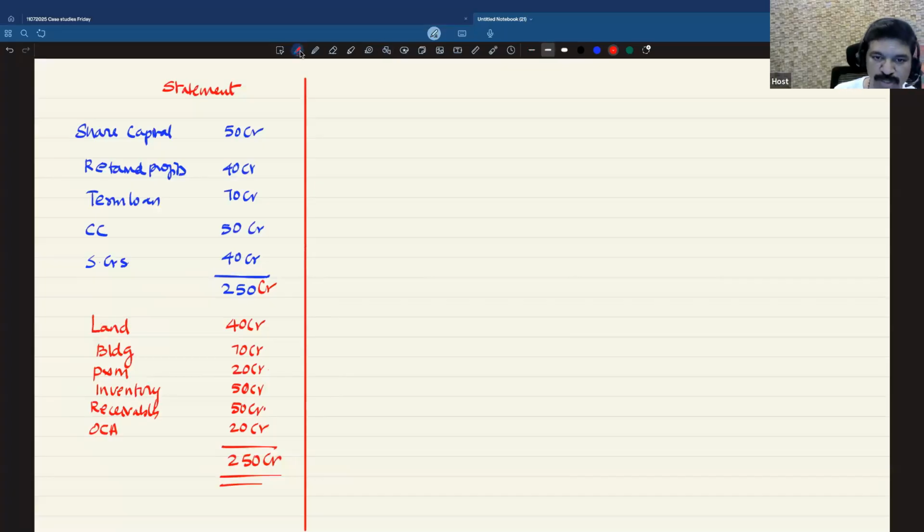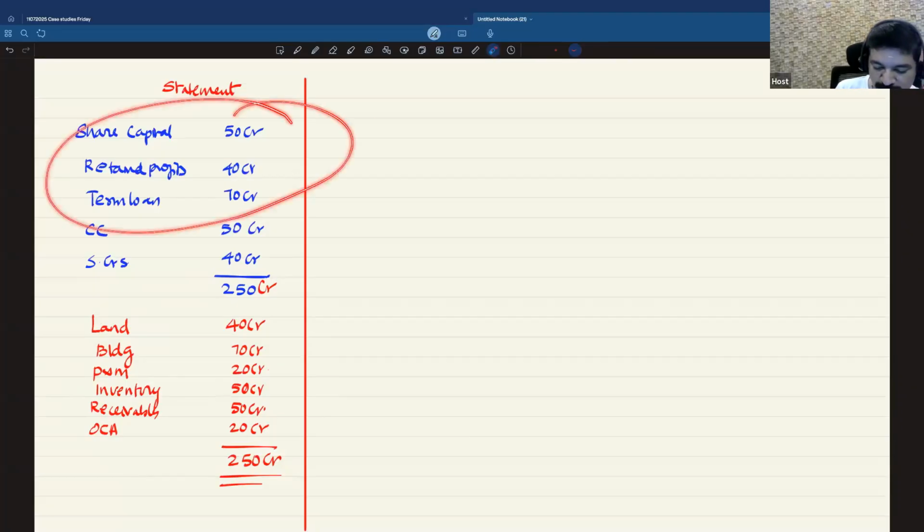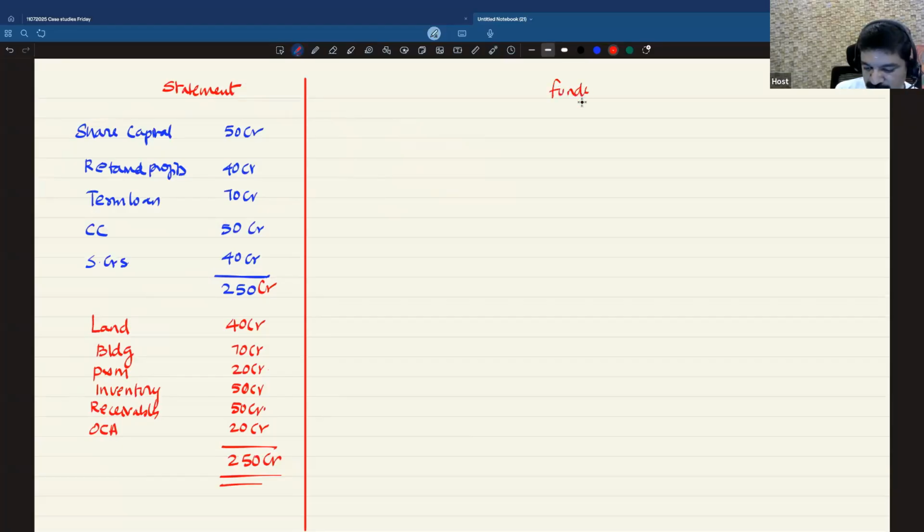So what you have to do is identify the sources of funds based on the timing or the duration. You have to identify whether the funds are coming from long-term sources or short-term sources.